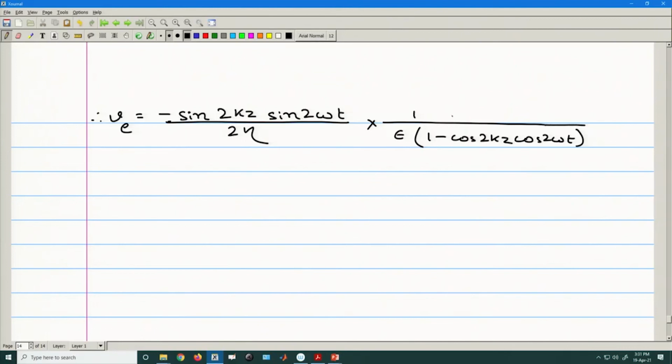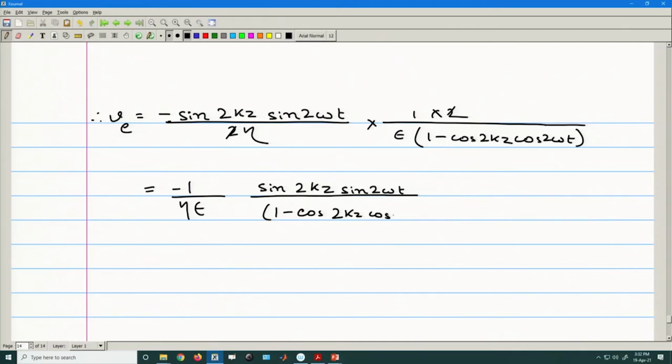This 2 will go upwards, okay, and this 2 we can cancel out, and thus we will have it as minus 1 by eta epsilon sin of 2 kz sin of 2 omega t divided by 1 minus cos of 2 kz cos 2 omega t. So, this is the velocity of propagation of energy.